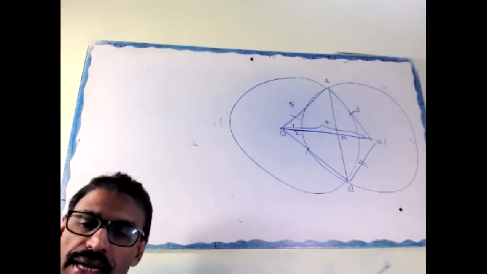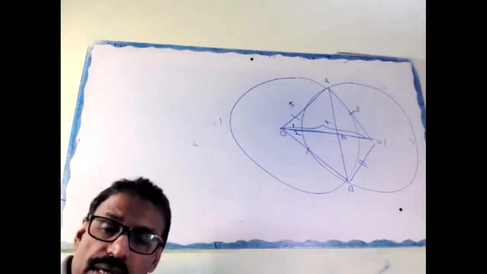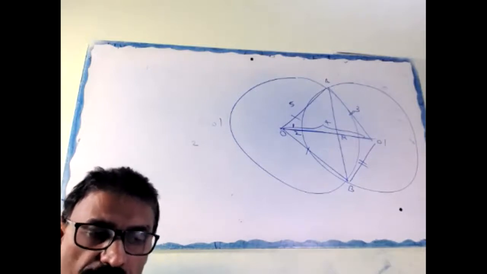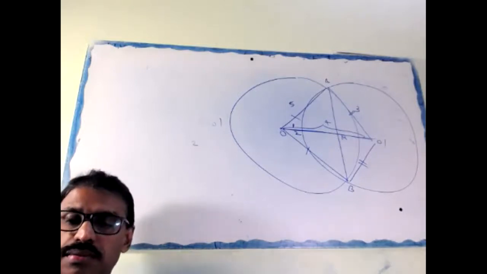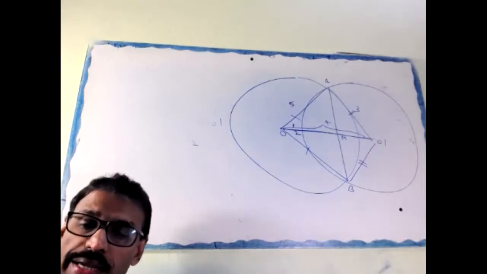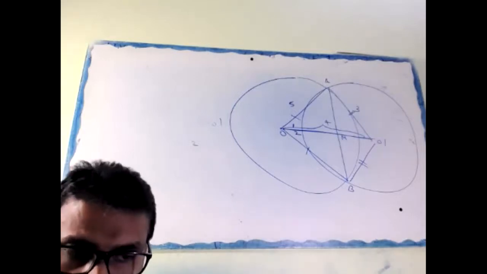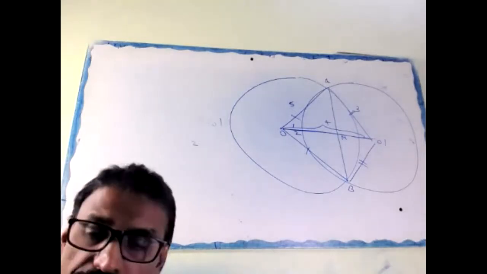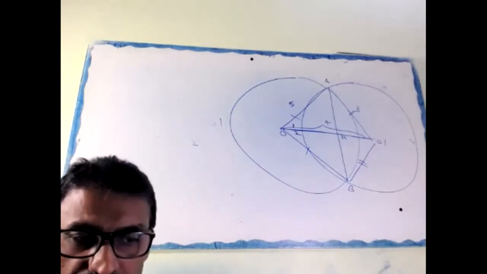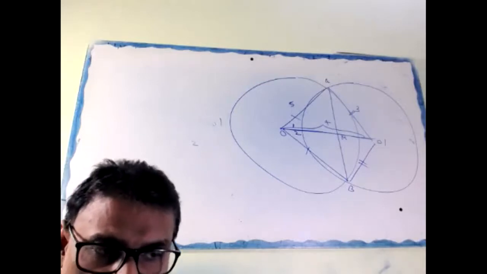If you're not getting that idea, you find the area of the triangle by Heron's formula. But here we notice that 3 square plus 4 square equals 5 square. That means it's a right triangle.